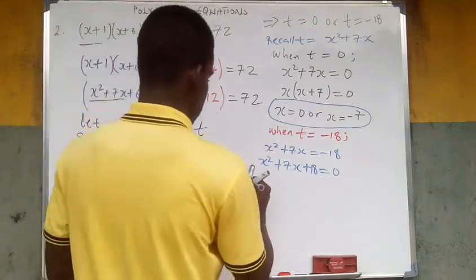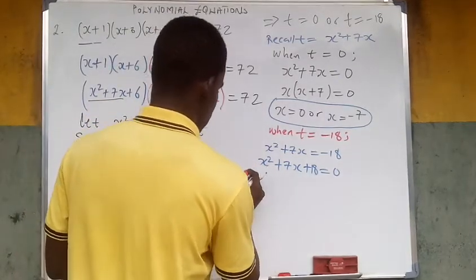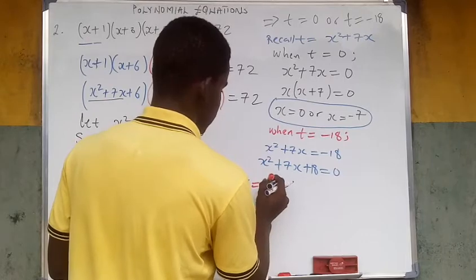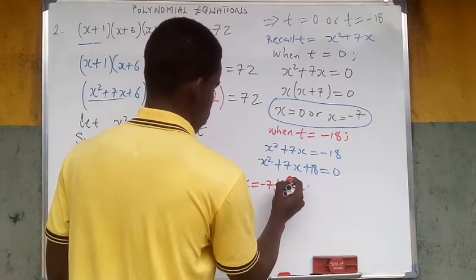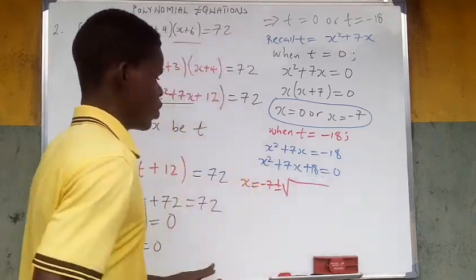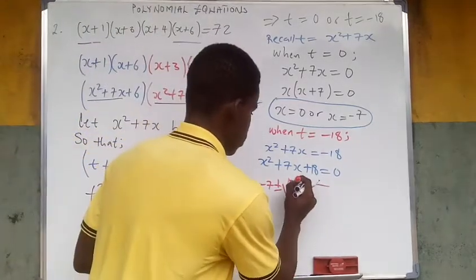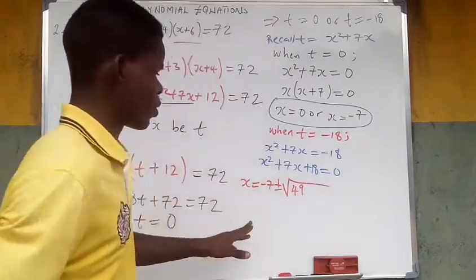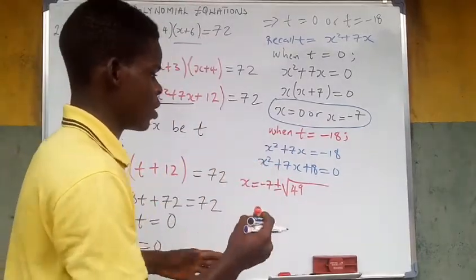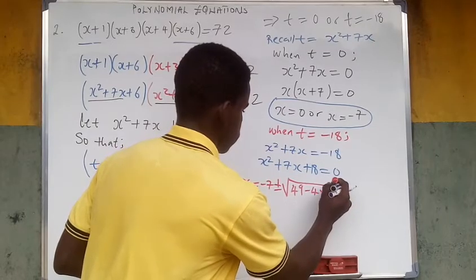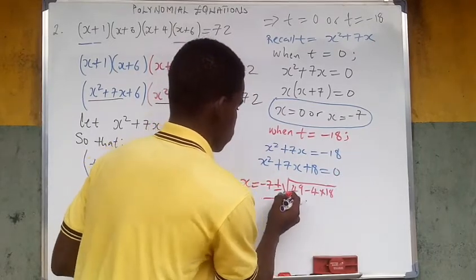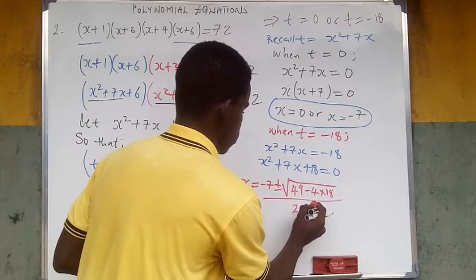So using that, we're going to have x is equal to negative b, that is negative 7, plus or minus the square root of b squared, that's 49, minus 4 times a times c, that is minus 4 times 18, over 2 times a, that's 2.